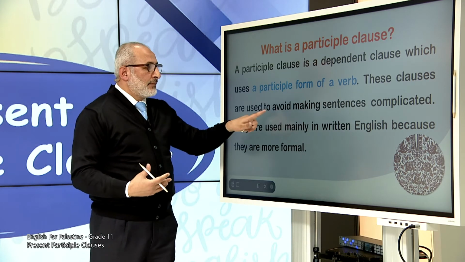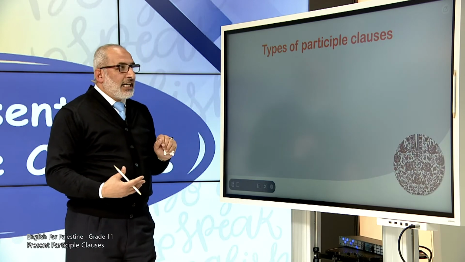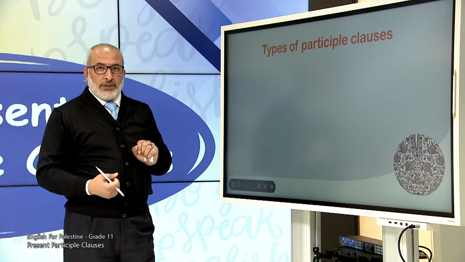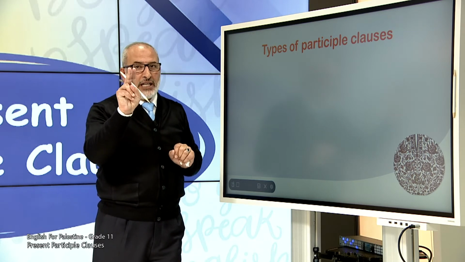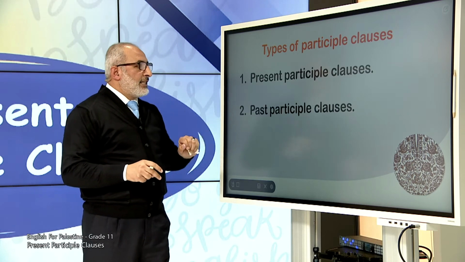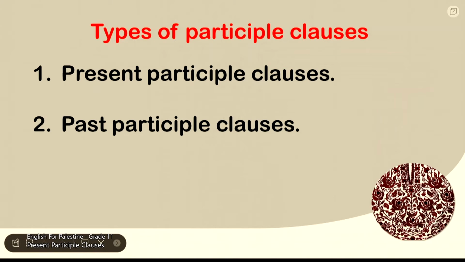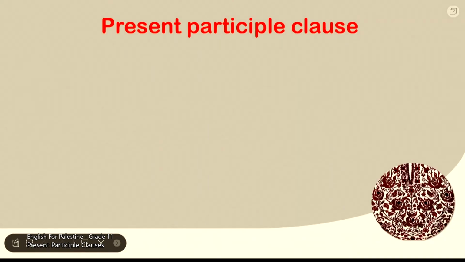We use participle clauses to avoid making sentences complicated and because they are more formal. What are the types of participle clauses? Actually, there are two types. The first one is present participle clauses, or what we call the ing phrase, and the past participle clauses. Our lesson today is about the present participle clause.